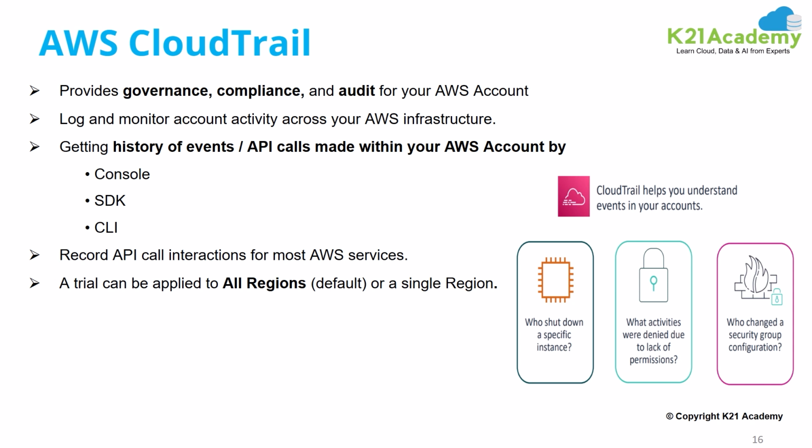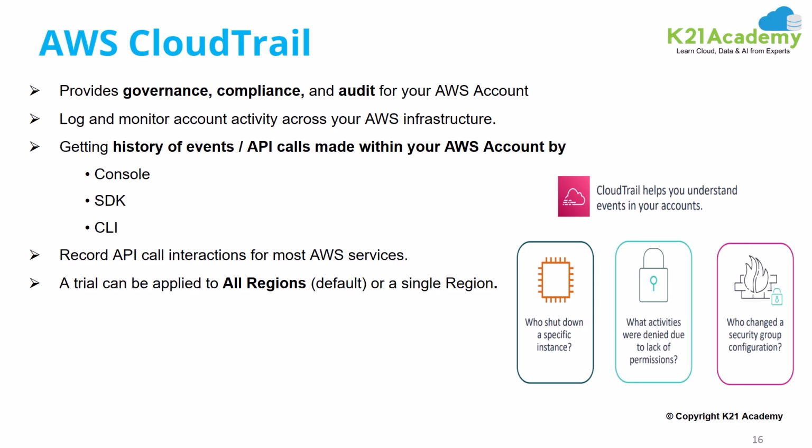So with CloudTrail, you can get a history of AWS API calls in your account. These calls can be made through the console, your SDK, your CLI, and even some higher-level AWS services. CloudTrail records the AWS API calls and delivers the log file to you.